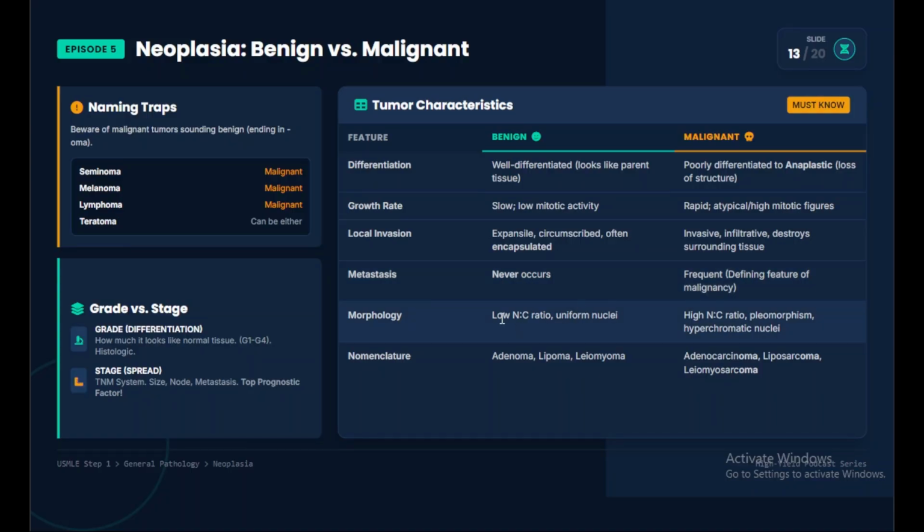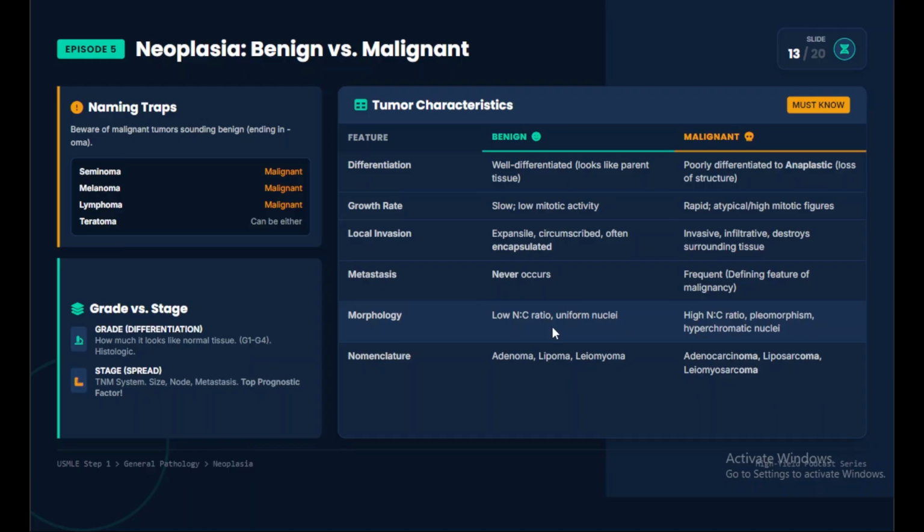In terms of morphology, benign tumors have a low nucleus to cytoplasm ratio, which is a very good thing. But if the patient has a large nucleus and a high nucleus to cytoplasm ratio, then it is what we call bad morphology, or cancerous, malignant morphology.